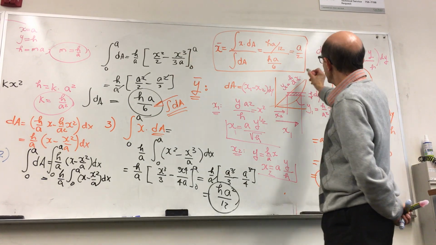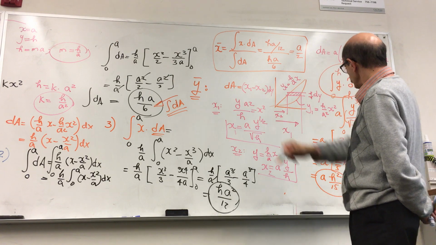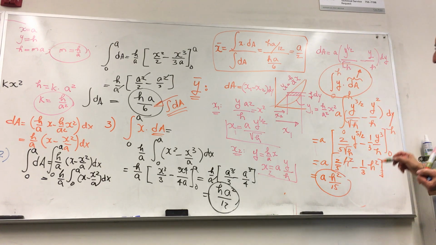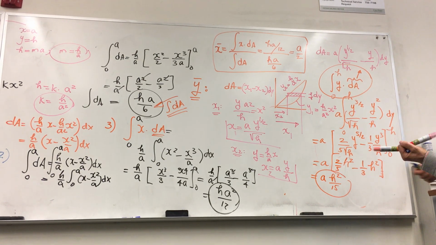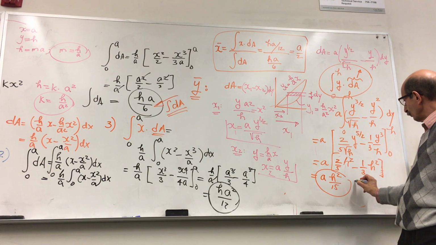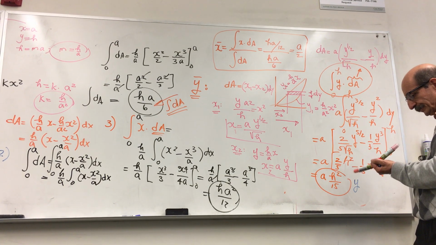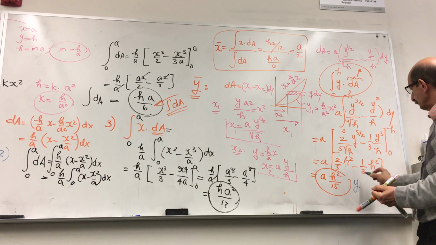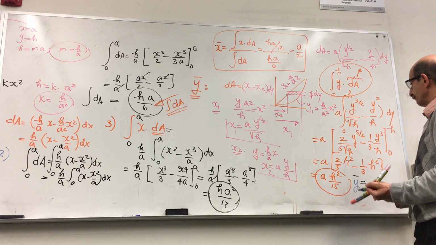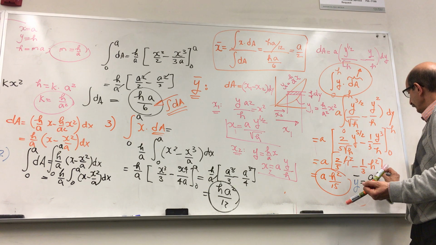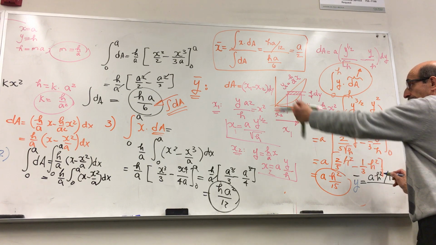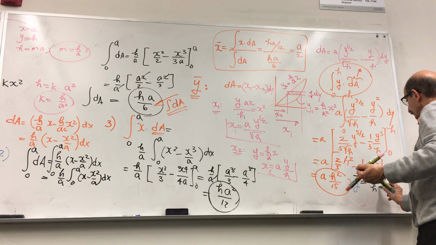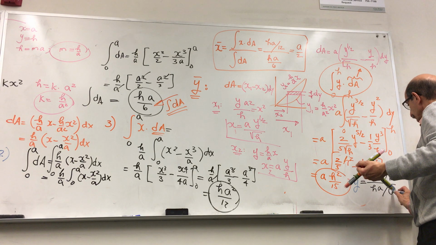Divide the two. I hope that would be clear. So y bar would be a h squared over 15 divided by h a over 6.